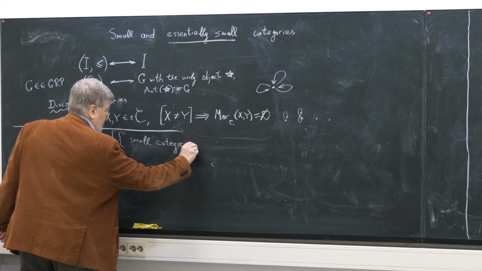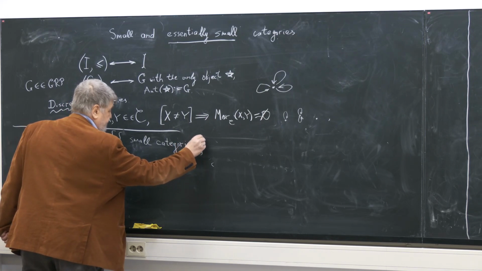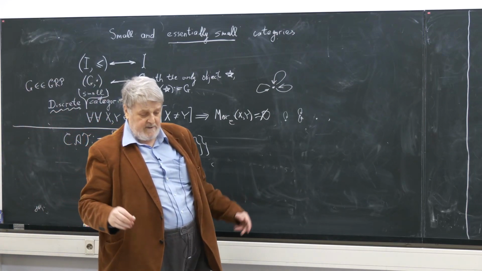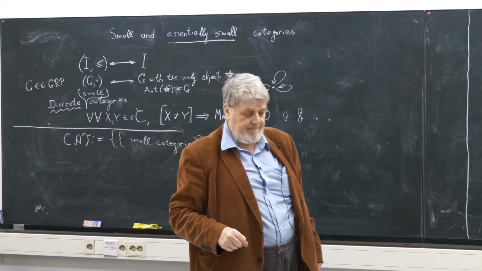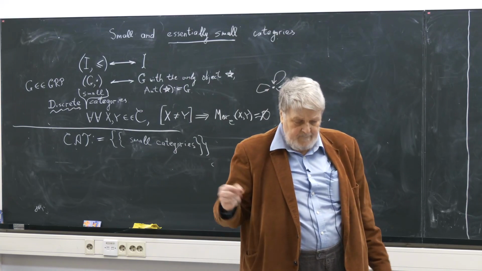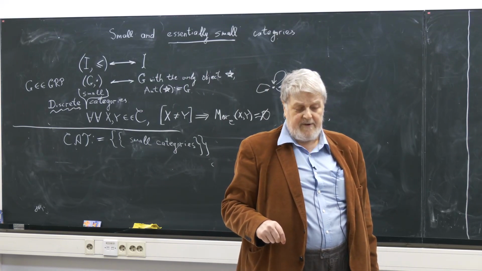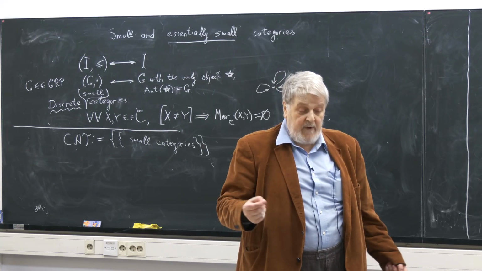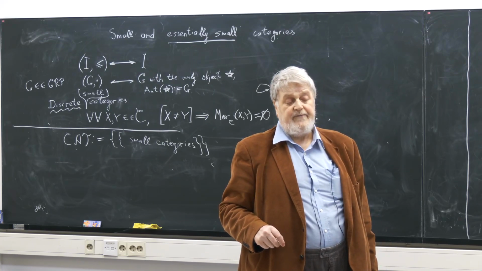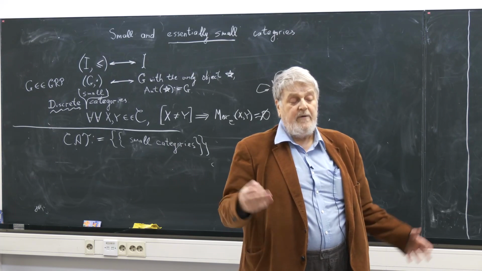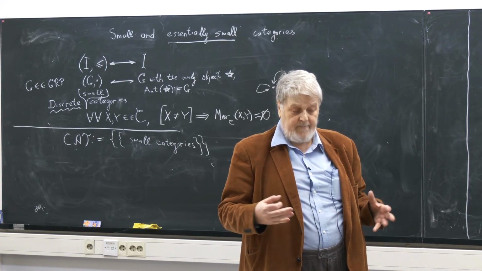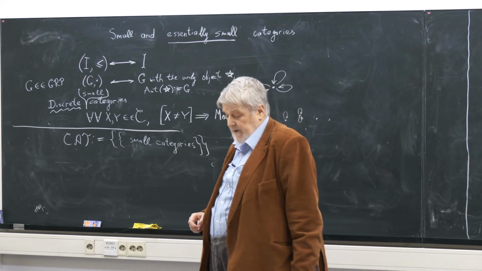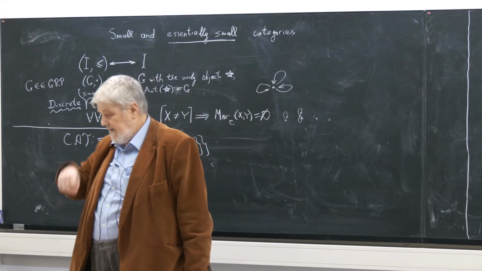Well, the point is, of course, it is okay with all the arrows if we would consider the category of all categories. The trouble would be when we consider morphisms. All the functors from one category to another one do not constitute a set.